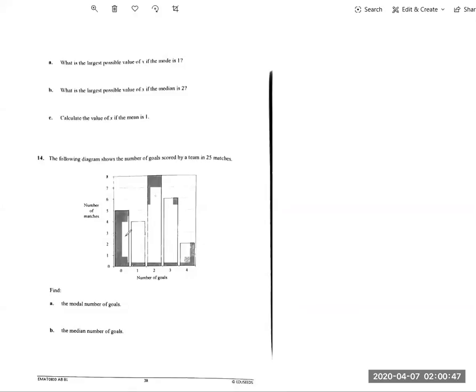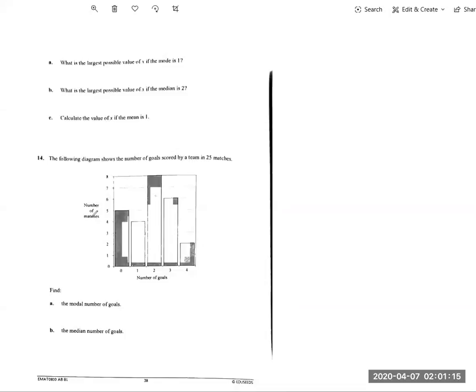Now, how do you interpret this? The number of matches: this bar is 5 matches. In these 5 matches, for this bar, the score is 0. Now let's look at the third bar.